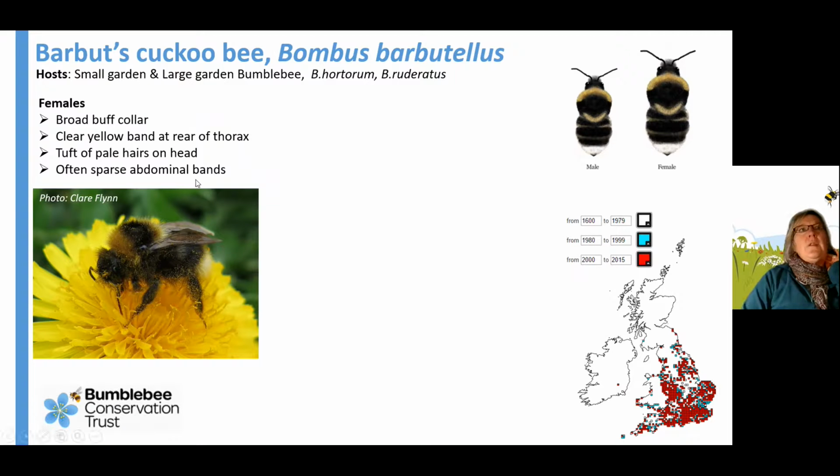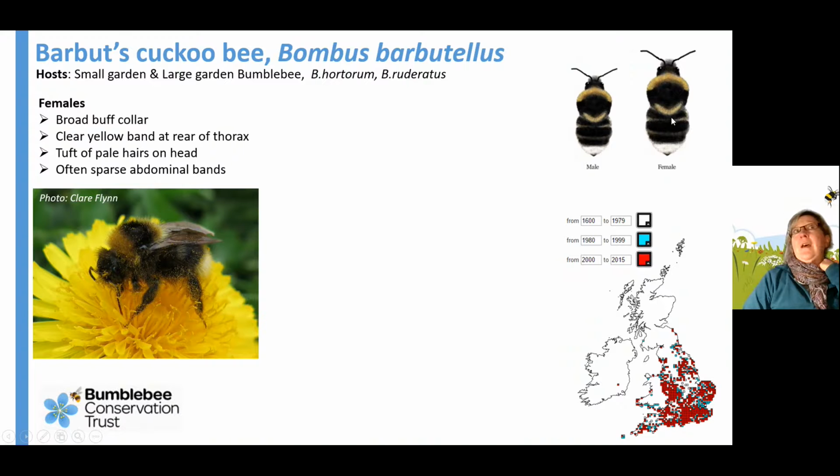So the females have a clear yellow band behind the head, the collar, quite deeply coloured, but they also have a distinct and clear yellow band at the rear of the thorax, just the same as their host species. So you can see in the diagram there that almost circular effect of the bands at the front and the back of the thorax.